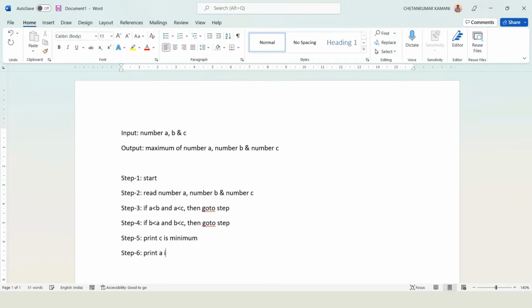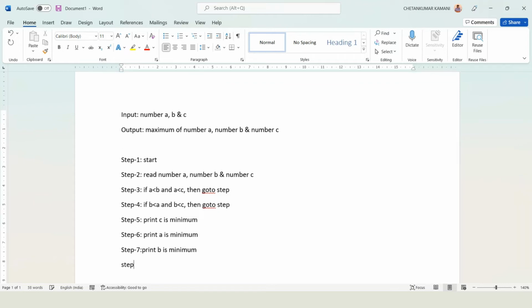Print A is minimum. Step 7: Print B is minimum. Look at the steps: 1 2 3 4 5 6 7. Step number 8, that is stop.